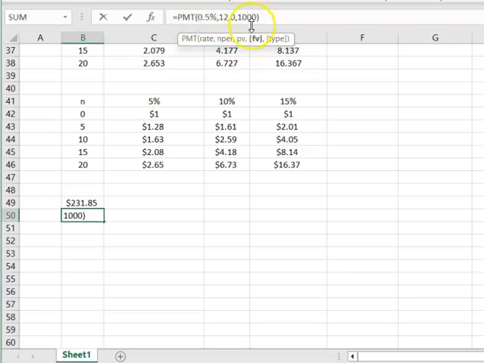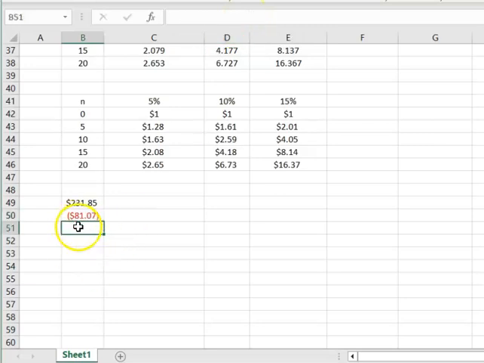And when I click on 1000, you see it gets bold. So 1000. And the result is you have to pay $81.07 per month. So with this interest rate, at the end of the year, you would have $1,000.